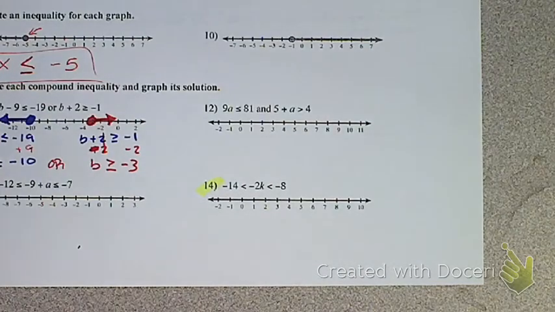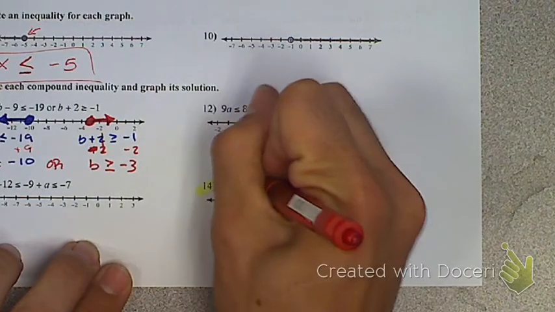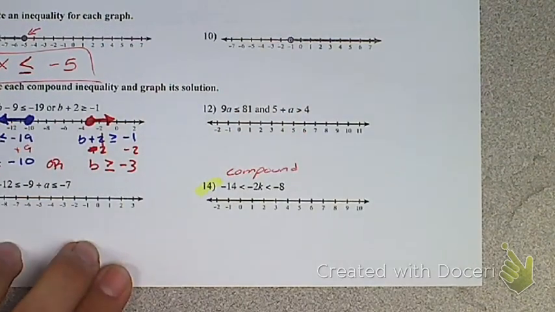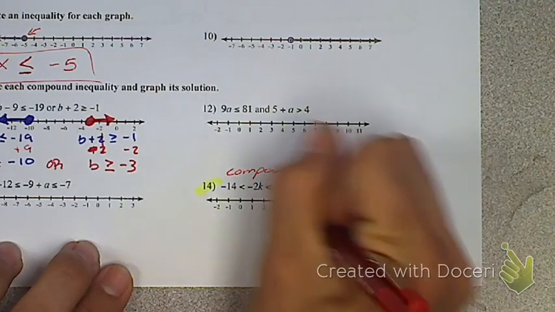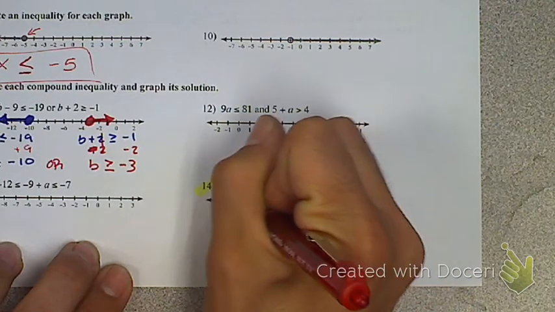Number 14 is an AND statement like number 12, but it's not written as an AND statement. It's written as a compound. So the first one is everything in the middle and to the left.